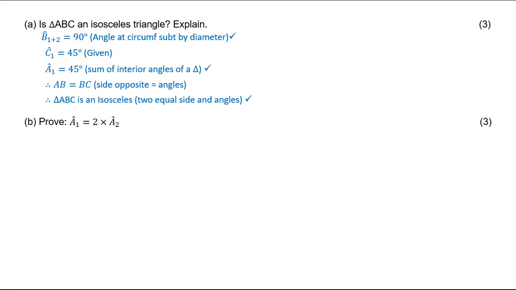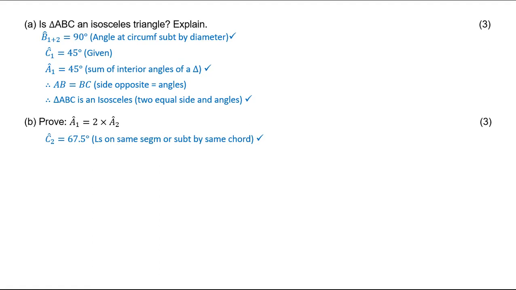That's it. Now in B, they want us to prove that A1 is equal to twice A2. I think I have proved that. A2 was 22,5 and A1 was 45. I did show it in the diagram, but how did we put it up? You will notice that in the diagram, C2 is equal to 67,5.